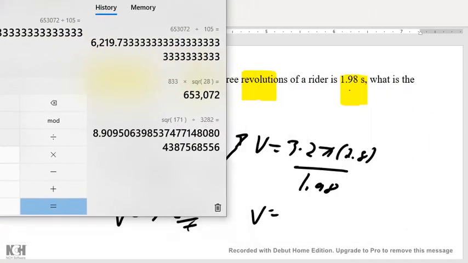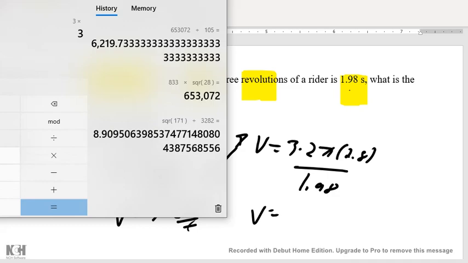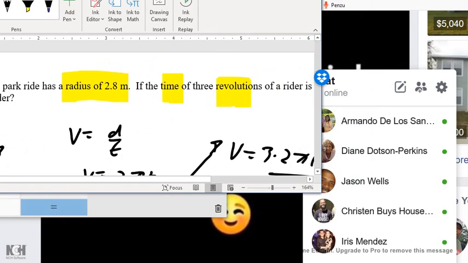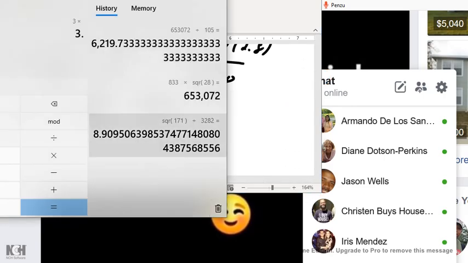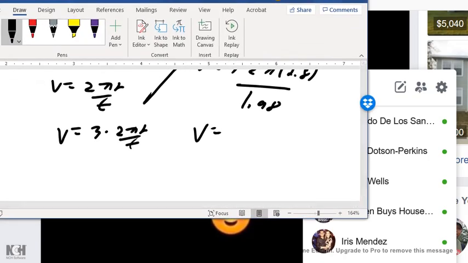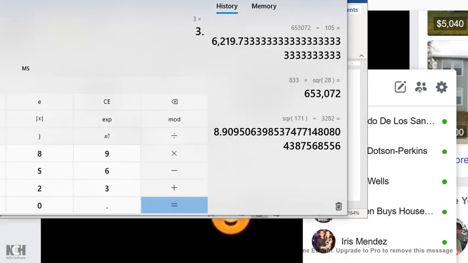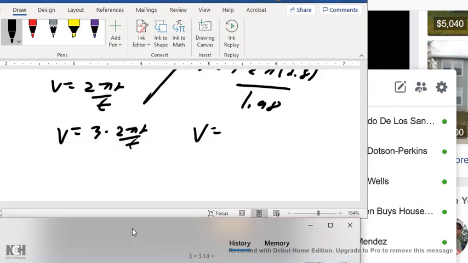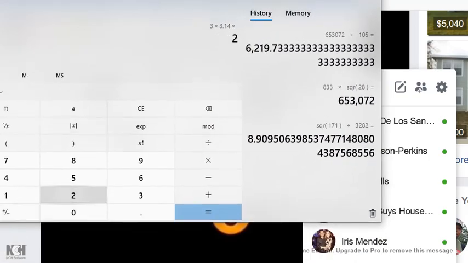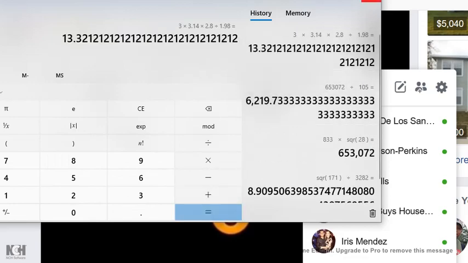I think I'm gonna set everything up and then come back and get answers. 3 times 2 times 3.14 for pi times 2.8, divided by 1.98. Well, the answer should have been 26. What did I do wrong?